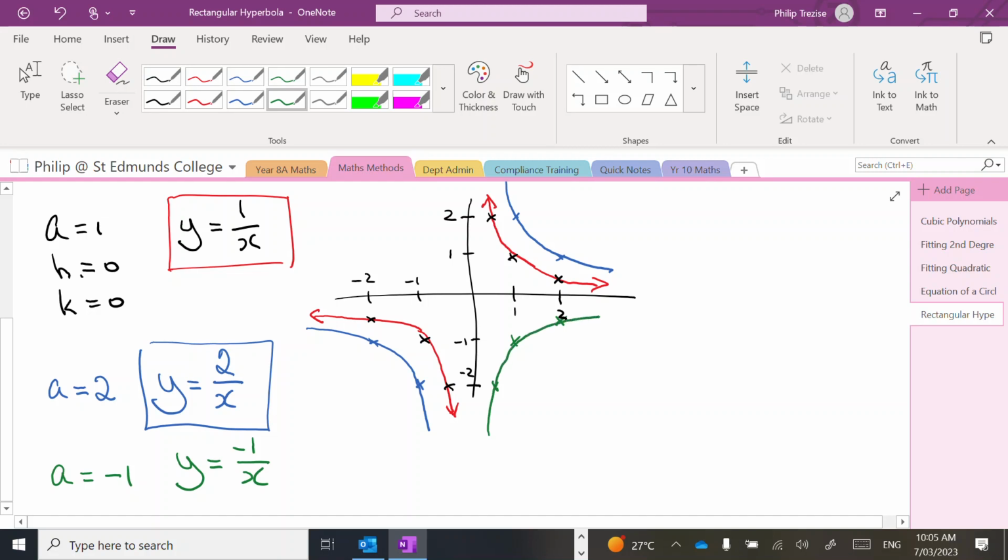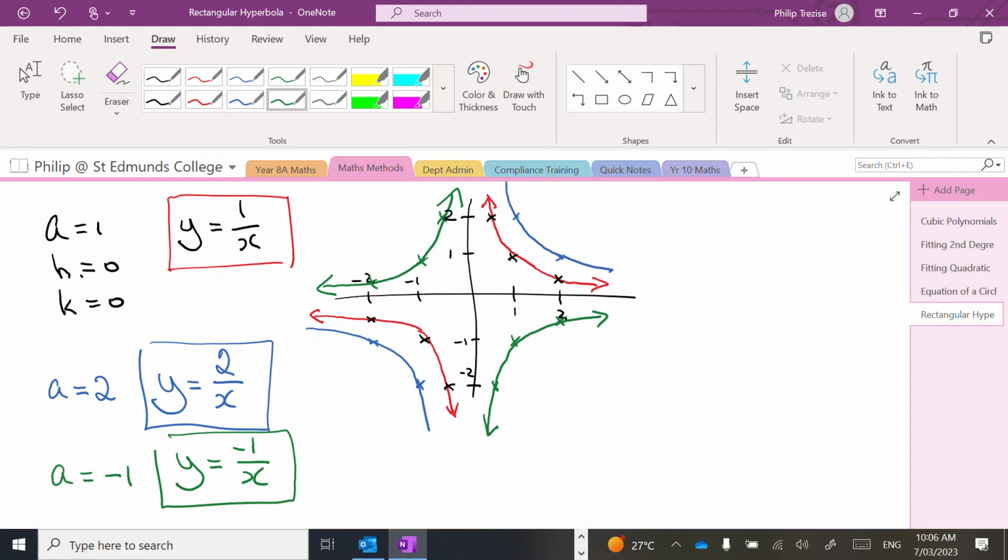So that one would sit under there. Then this one would be, instead of negative 2, positive 2, positive 1, positive half, and this one would be in here. So that one would have the same shape as the red one, but it would just be inverted, because a, being a vertical scale factor, can also turn things upside down when a becomes negative. So that's a little bit of an idea of what the value of a does.